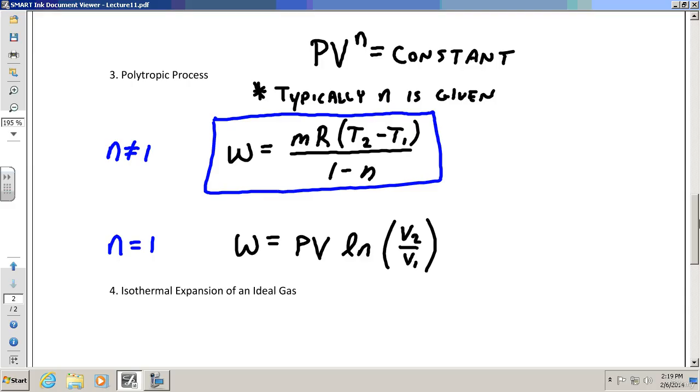Now you might notice that I didn't label P and V. Well, with n equal 1, P1 V1 would equal P2 V2. So it doesn't matter which PV I put in there. I can put P1 V1 here, or I could put P2 V2. It's the same thing, as long as n equals 1.